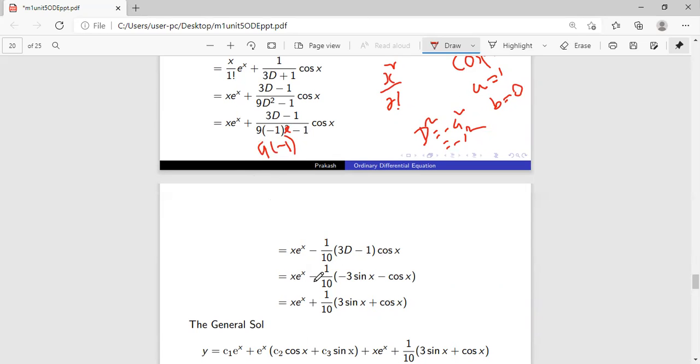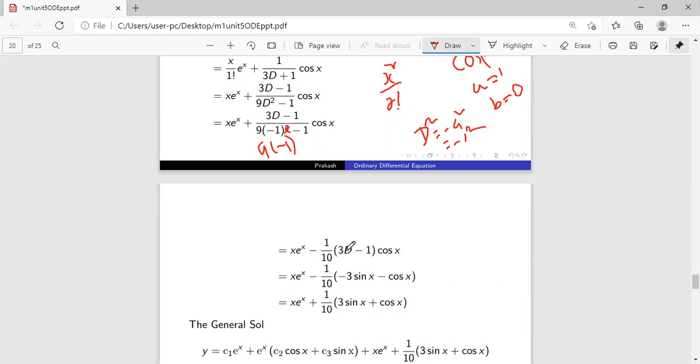Now multiply (3D - 1) with cos x inside: 3D cos x minus cos x.